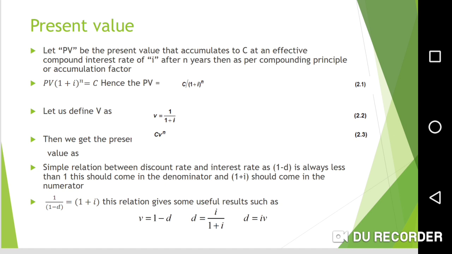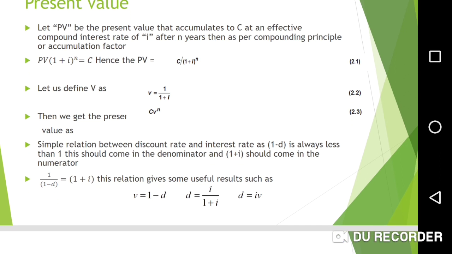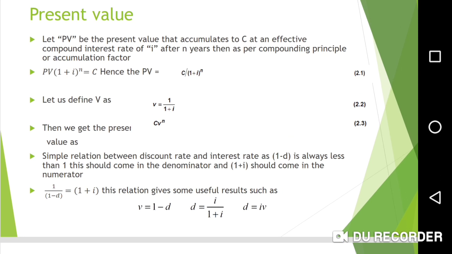Before going to the discount rate and interest rate, what is meant by discount? For example, whenever we go to any shop or market, they will give a discount on the original price. Say the cost of the product is 100 rupees and they give a discount of 20%, then we can buy the product at only 80 rupees.